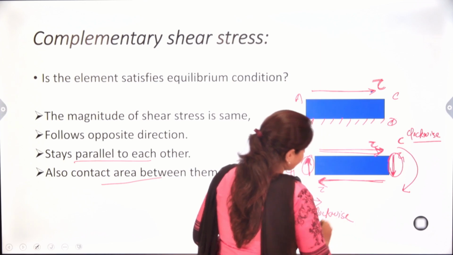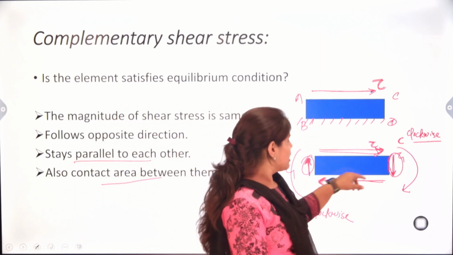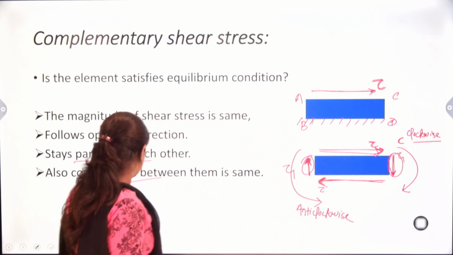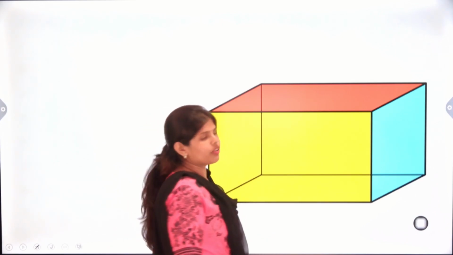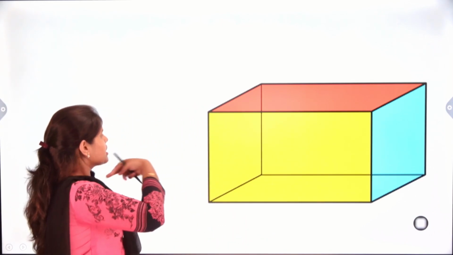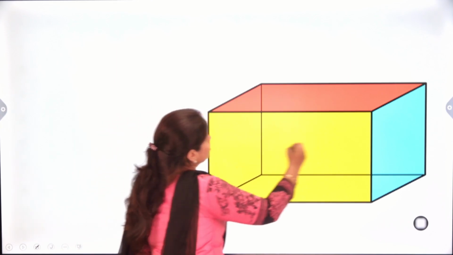Okay, so now we will calculate this couple. With this diagram we will calculate the couple and check whether they are in equilibrium condition or not.